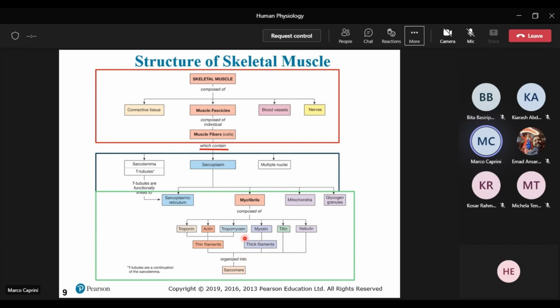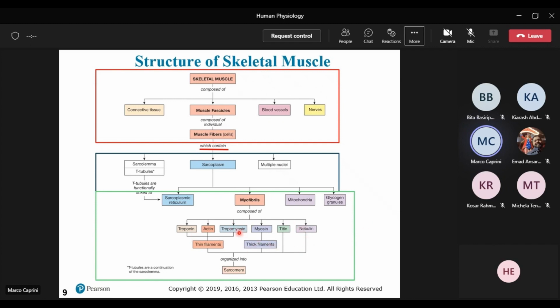Obviously, there are also other structures inside the myofibrils, not only proteins: ions, glycogen granules, or mitochondria, which are extremely important for the production of ATP, the energy that you already know from the biochemistry classes. So in the green box, there are the proteins able to contract the muscle.